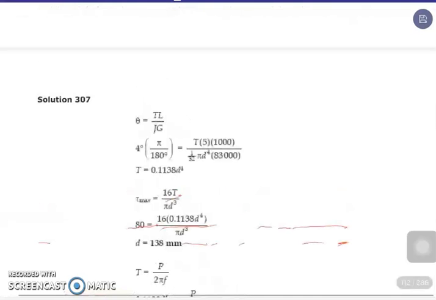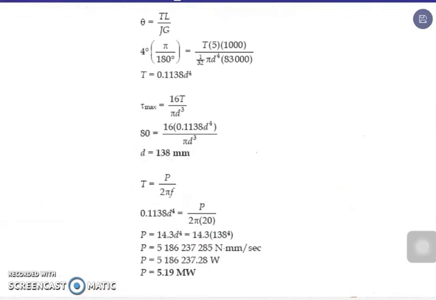For the solution, we simply make use of the equation for the angle of twist, which is TL over JG. So we simply have to substitute.